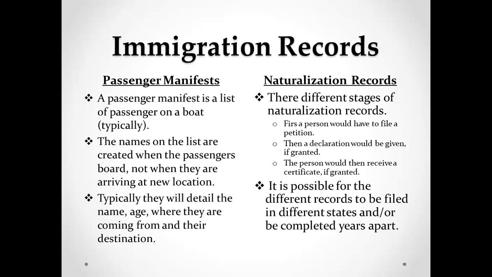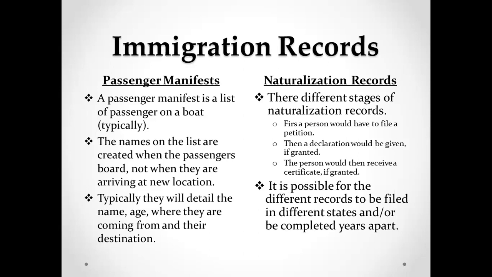So a passenger manifest is basically a list of the passengers on a boat. It didn't necessarily have to be a boat, though. You can also have a passenger manifest as a military record for the Navy, so keep that in mind. The names on the list are created when the passengers board, not when they arrive at the new location. So typically, they detail their name, their age, where they are coming from, and their destination.